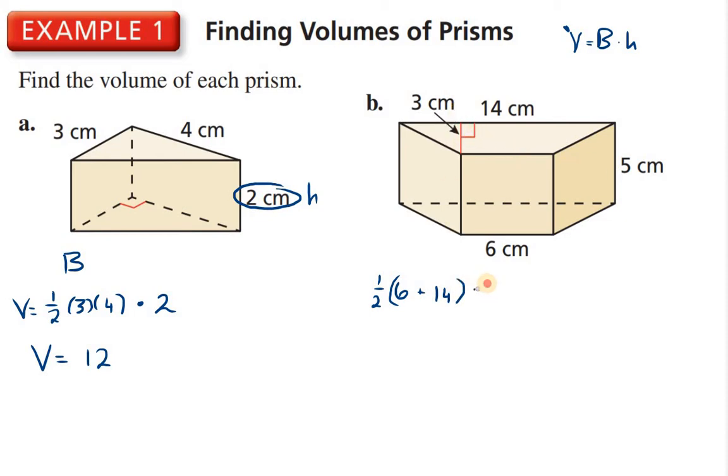This is the area of the base, times 5, the height of the prism. So the volume here: 6 plus 14 is 20, half of that is 10, times 3 is 30, times 5 is 150.